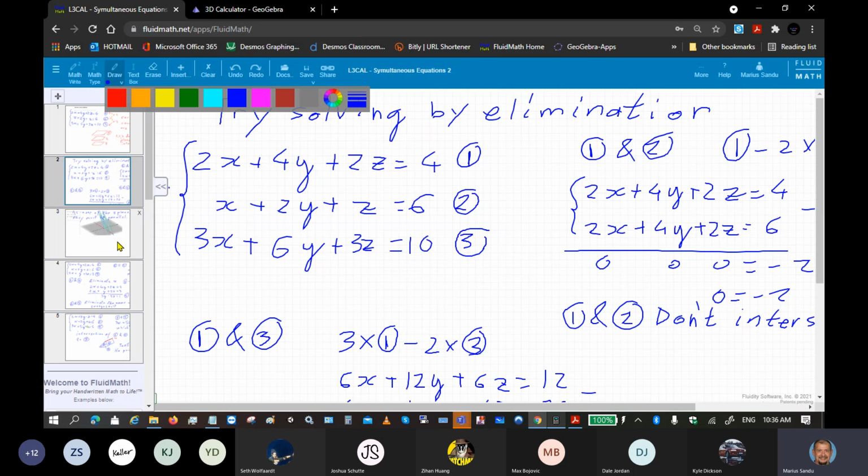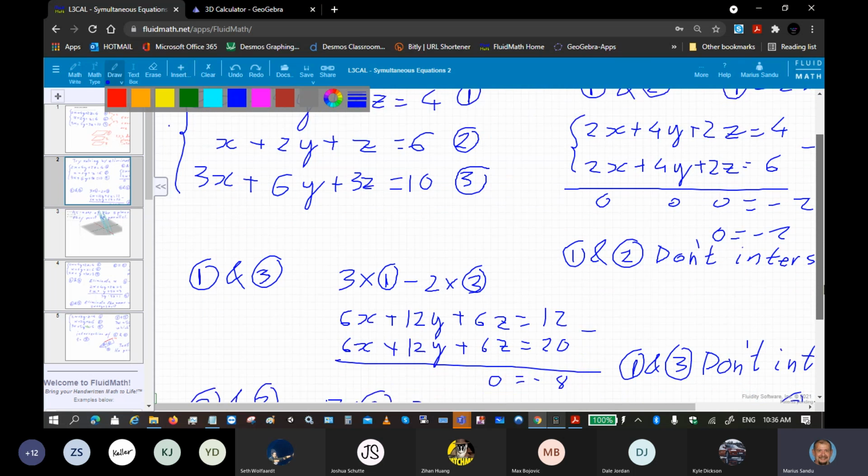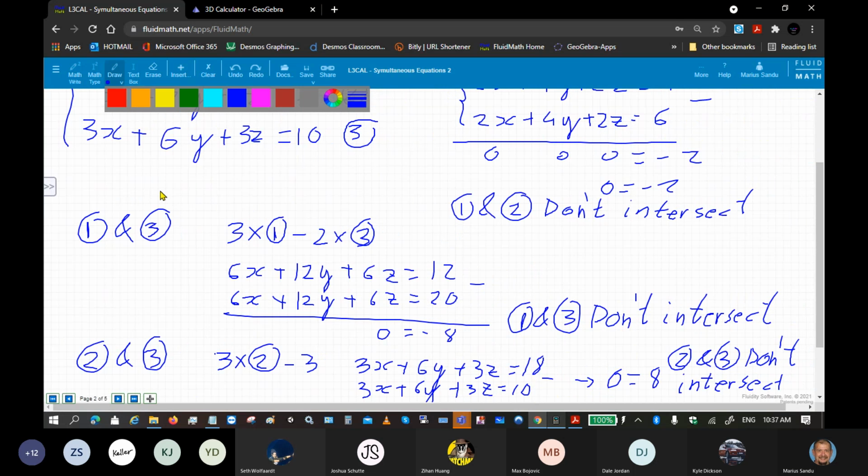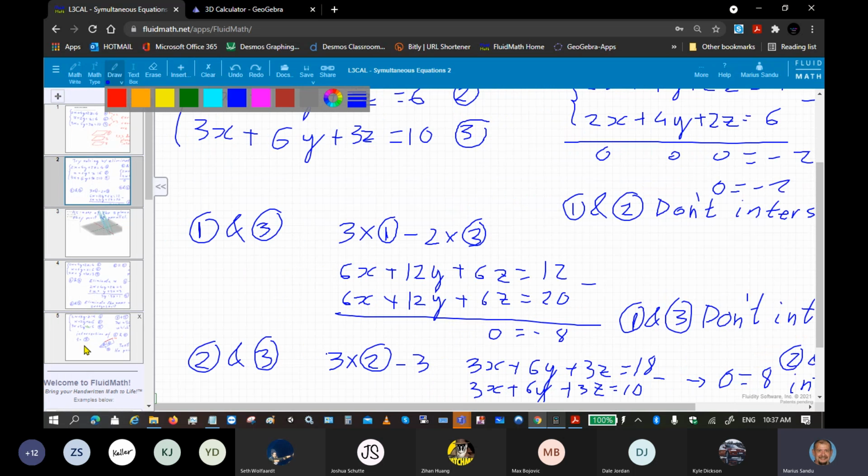So for inconsistent, when trying to solve, yeah, you'll get a nonsensical answer like this. So let's draw that conclusion here.